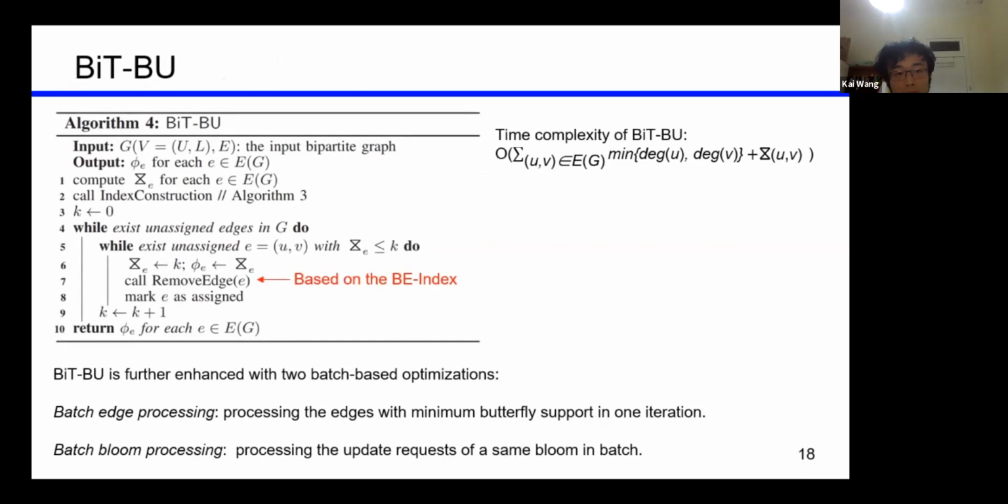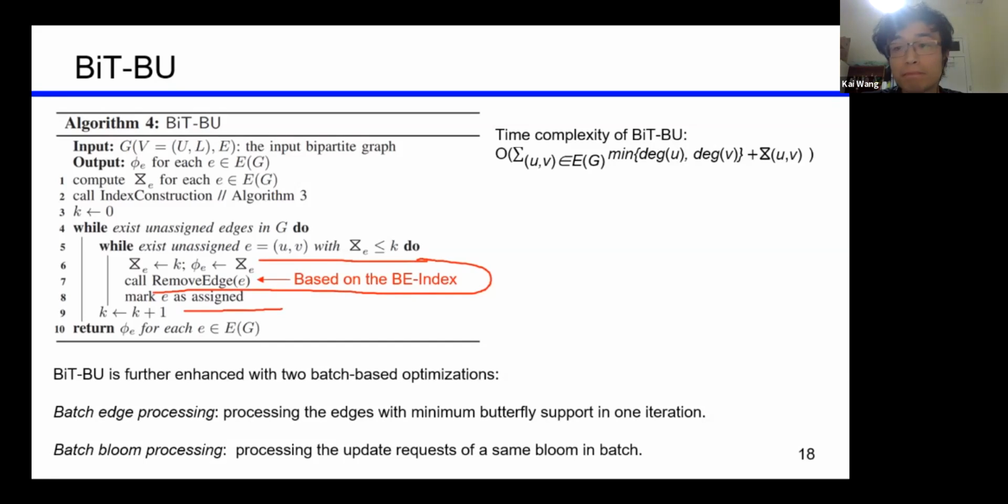So here we introduce the BITPU algorithm based on the Bloom edge index. Firstly, we will construct the index and compute the butterfly support for each edge E. And then we will iteratively remove each edge with the minimum butterfly support, and we update the remaining edges based on the BE index and mark it as assigned.